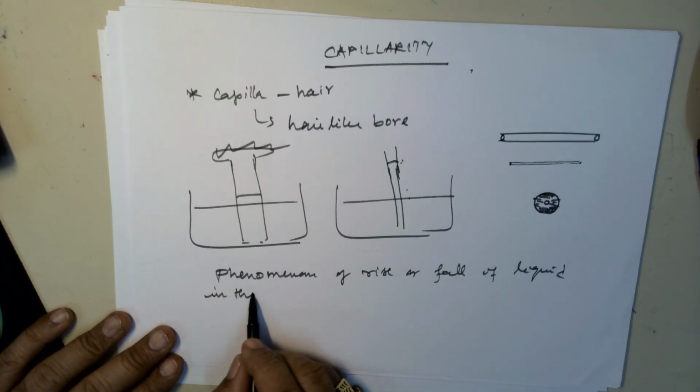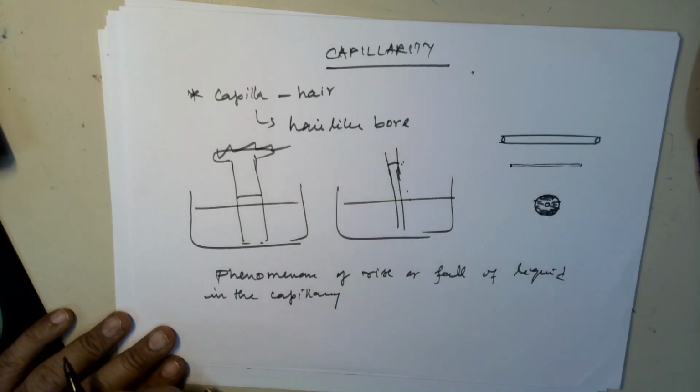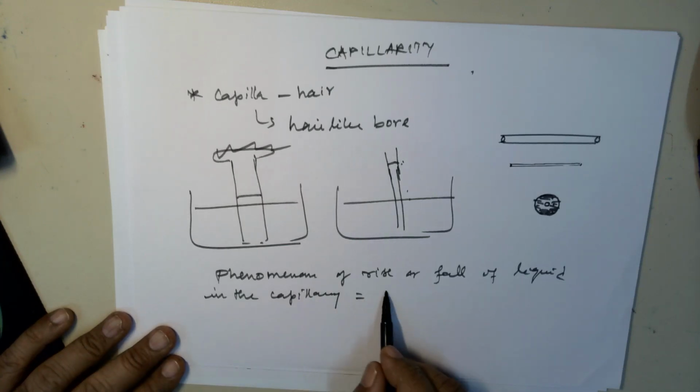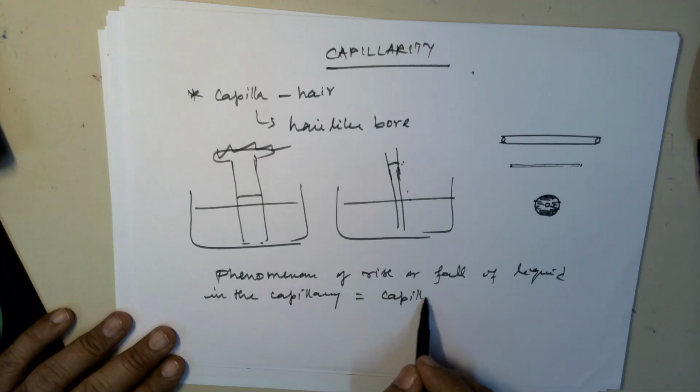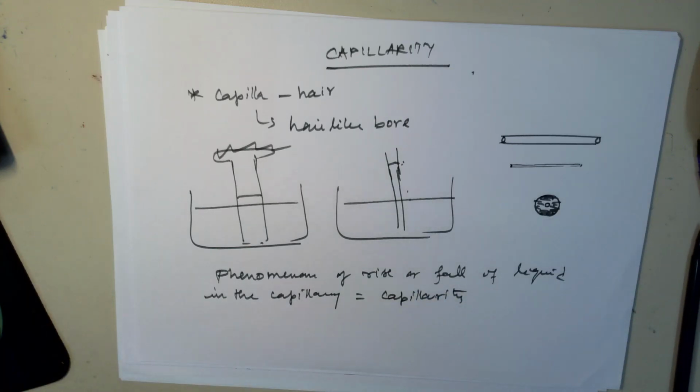So the phenomenon in the capillary is called capillarity. So what is capillarity? It is a phenomenon of rise or fall of any liquid in the capillary.